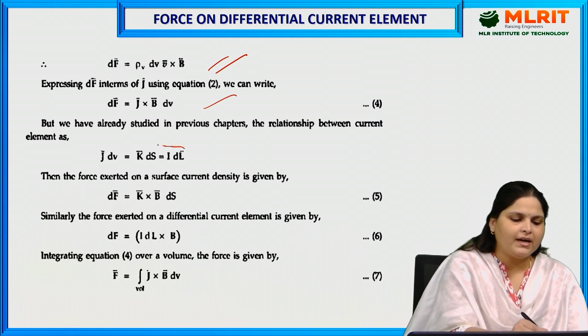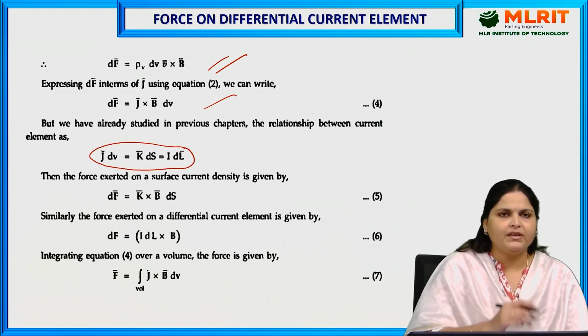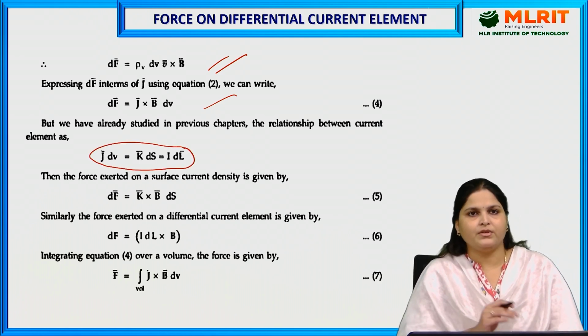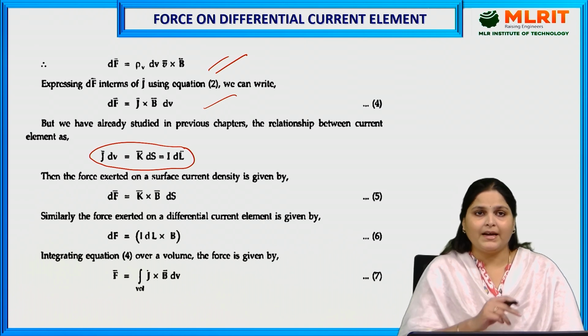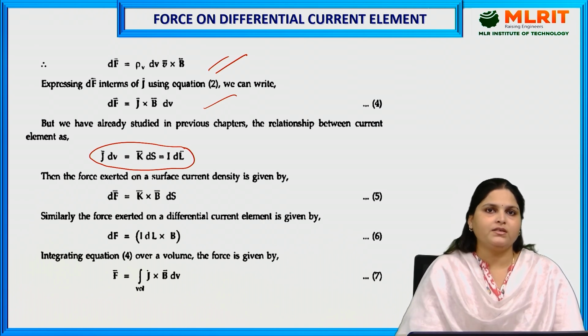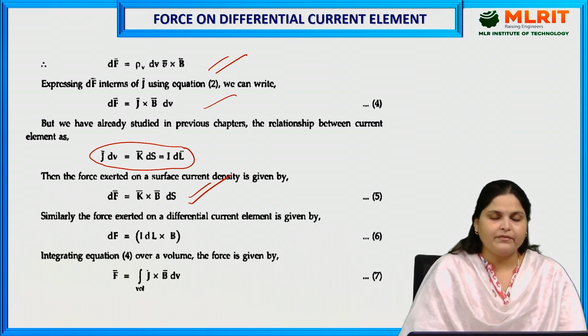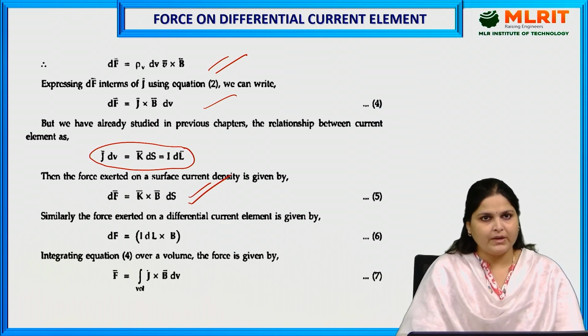We have seen that J dv equals K ds equals I dl. That means the force exerted on a surface current density will be given by dF equals K cross B ds.